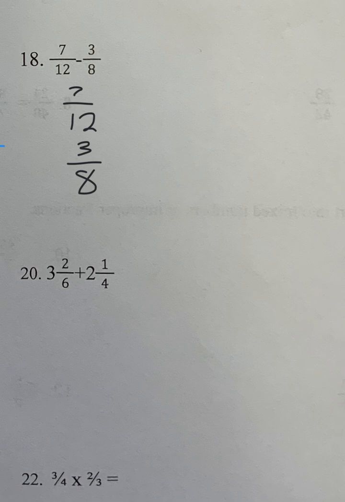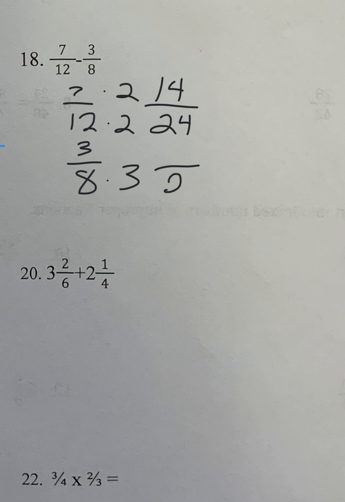The number that I'm thinking of is 24. 12 times 2 is 24, so what I do to the bottom, I have to do to the top. 12 times 2, again, 24. 7 times 2 is 14. Now, I need to find a number that 8 can multiply by to get 24. That number is going to be 3, so my denominator is 24. 3 times 3 is 9. Those are my common denominators.